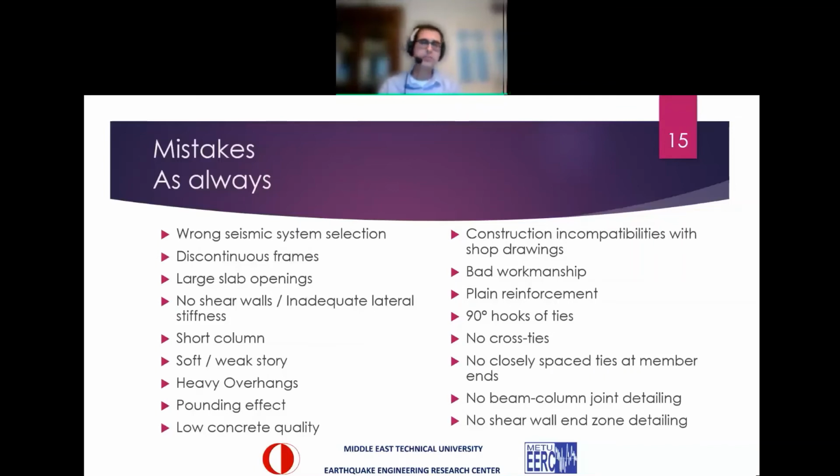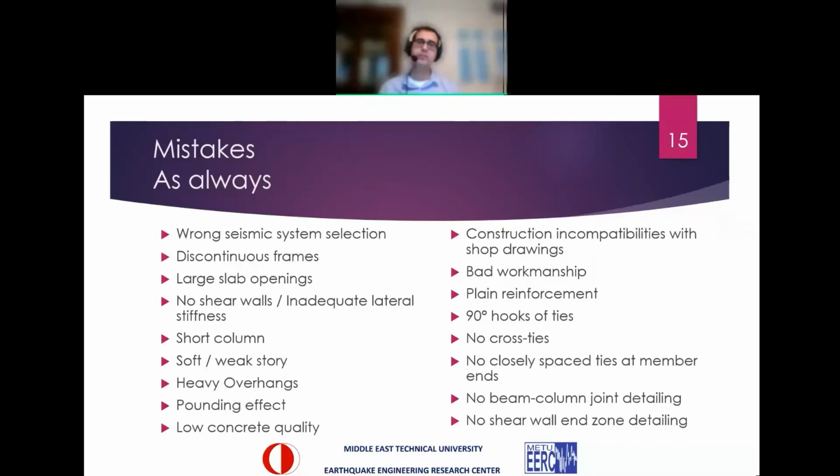It is very important. Some or many buildings have no shear walls, which means that they never thought about seismicity, earthquake, during the design of such buildings, which causes inadequate lateral stiffness on the buildings. We saw some short columns.